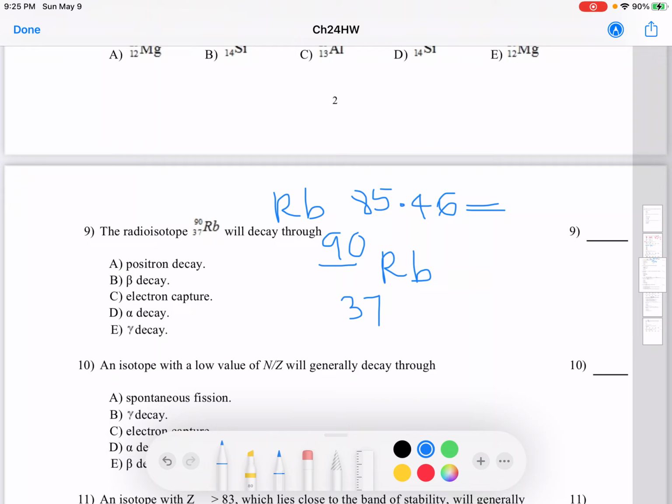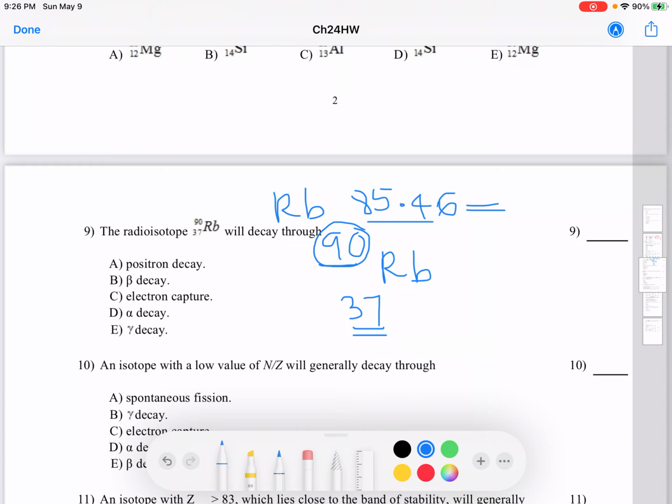How do we get the mass? Mass is given by the addition of protons and neutrons. So this is the atomic mass. The number of protons doesn't change, but if the mass is high, that means it has more neutrons. So rubidium is neutron rich.